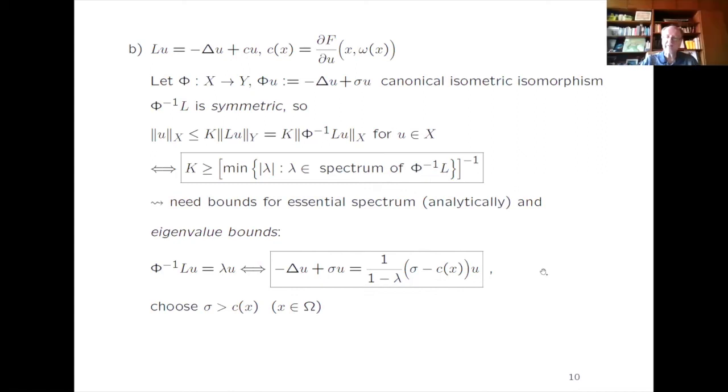Sometimes it's needed, sometimes it's not needed. For example, for the Gelfand problem, this coefficient C is anyway negative. And that means we don't need sigma. Similar also for other problems. But when C has positive parts, then we need sigma. Otherwise, we have an indefinite weight function here.